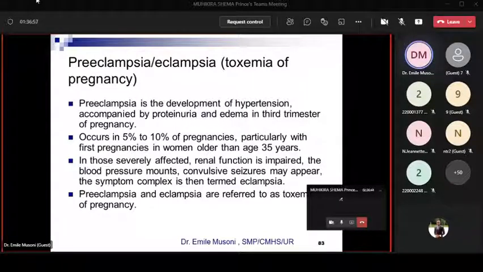But don't confuse that with edema of the lower limb in pregnancy. Normally, this one is due to compression of the inferior vena cava. It is not only that, it is preeclampsia. Eclampsia is where there is hypertension and proteinuria with edema.